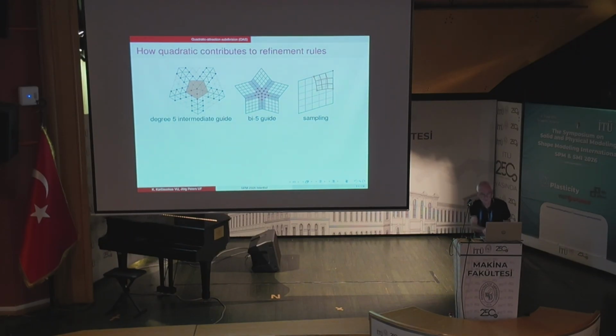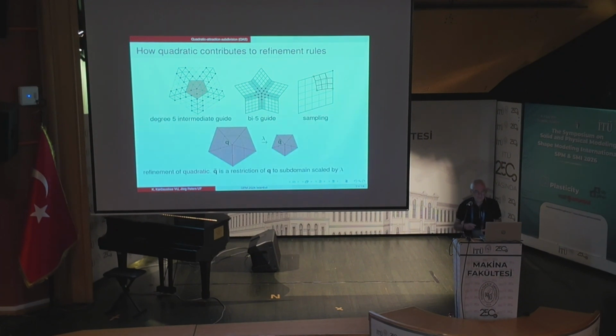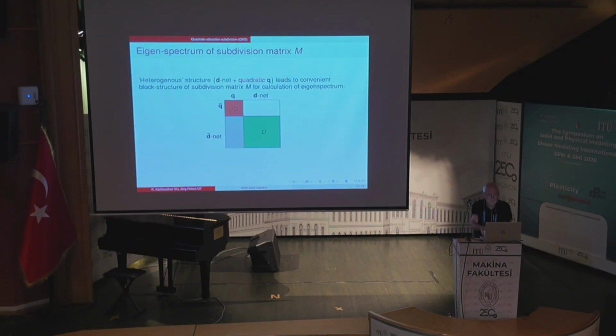New rules for the control nodes that we colored red. The quadratic, how do we refine it? It is really very simple. It's just a shrinking.